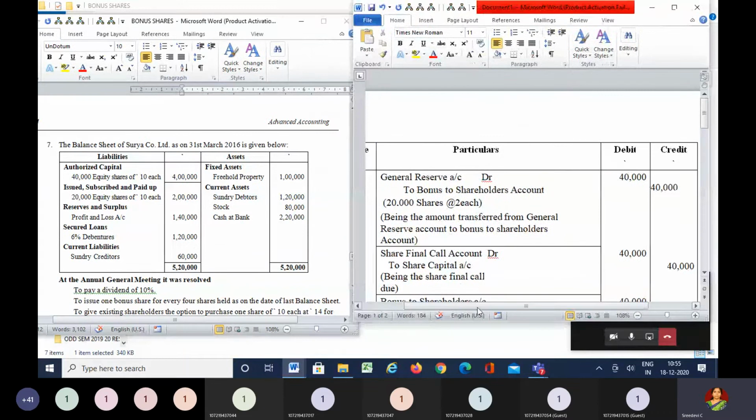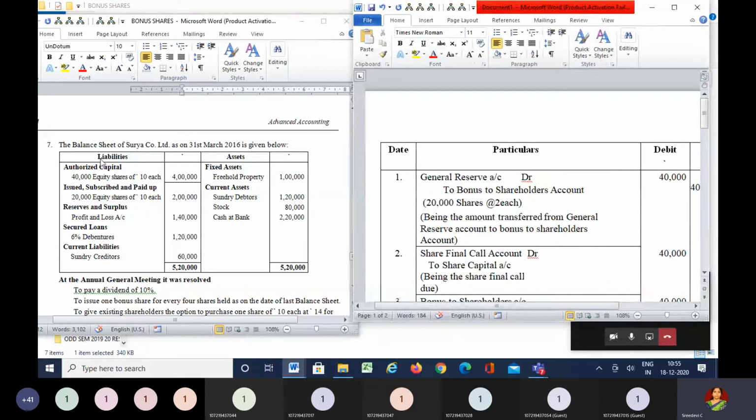Coming to the first one, the first resolution is to pay a dividend of 10%. Whenever the company declares a dividend, it will usually be declared out of the profits. As you see in the reserves and surplus of the balance sheet, we have only one reserve, the profit and loss account, and no other reserves are available in the company.